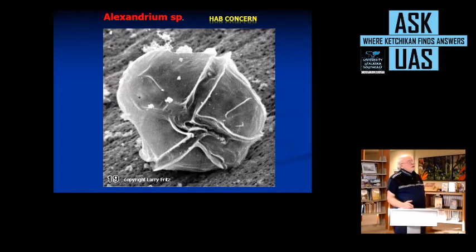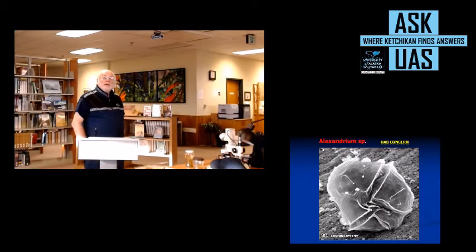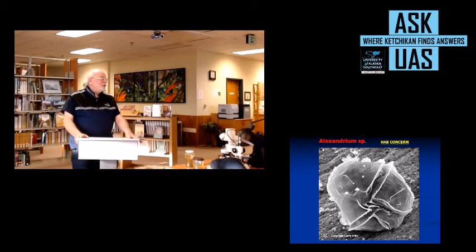They have a few down in Puget Sound that seem to be good down there, because they produce something called saxitoxin, which is what influences the nervous system. And so again, this is why plankton are important to understand, because they can kill you very easily.